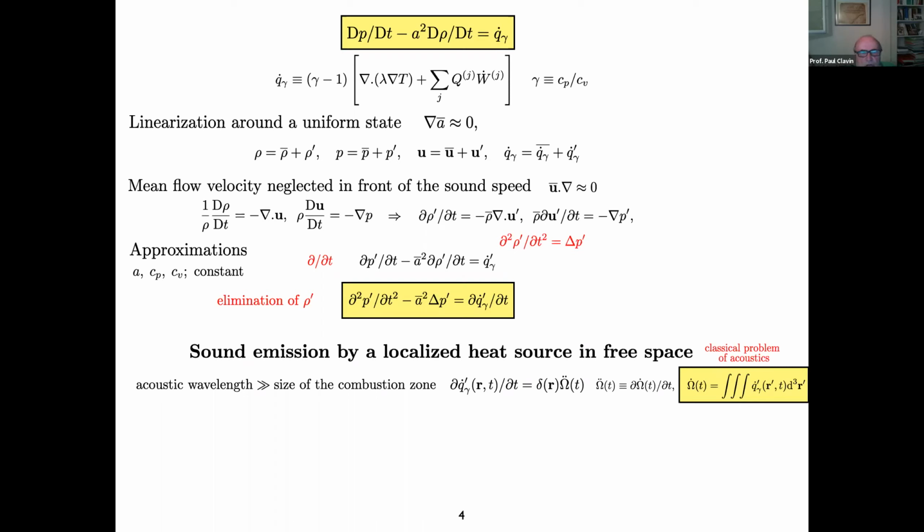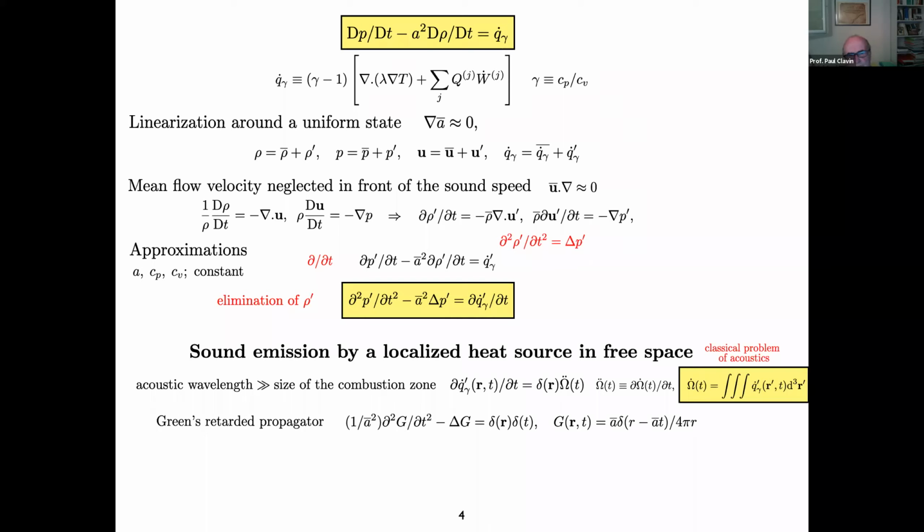When the acoustic wavelength is much larger than the size of the combustion zone, you consider that in that case the source term here is a delta term in space and depends on time, and the time dependence is the integration over space of Q dot, which is the heat release, which is here.